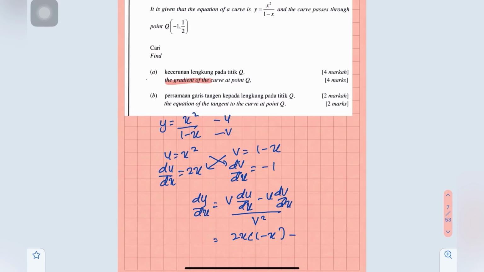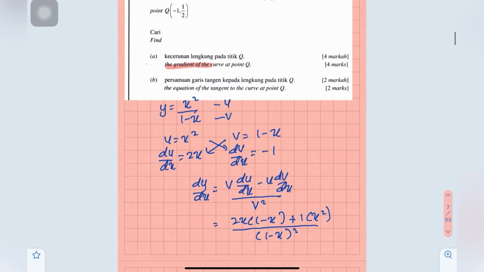So, negative, positive lah, 1x squared. Okay, over v squared, 1 minus x squared. Okay, so dia nak add point, tak payah simplify sebab dekat sini dia nak add point negative 1, 1 over 2. Dekat sini dia kata Q negative 1, 1 over 2. So, coordinate x, y. So, terus je masuk. Kalau kamu simplify, buang masa lah.